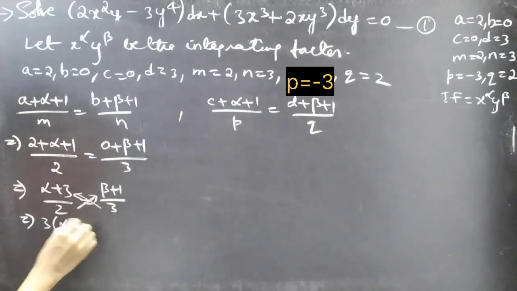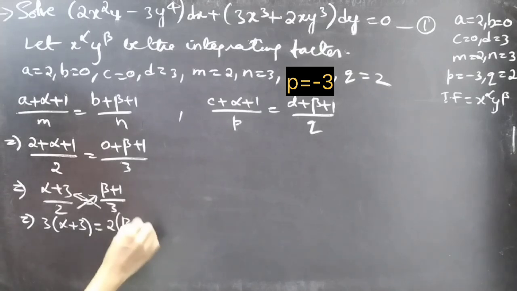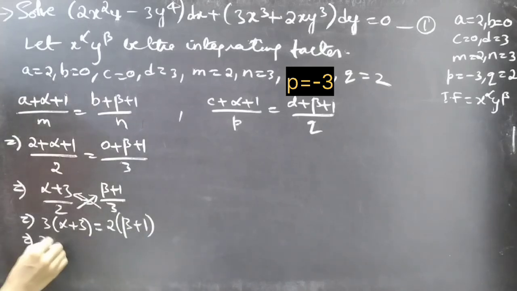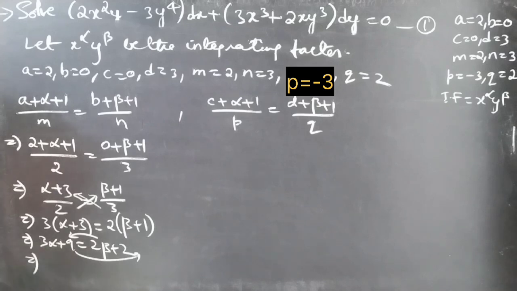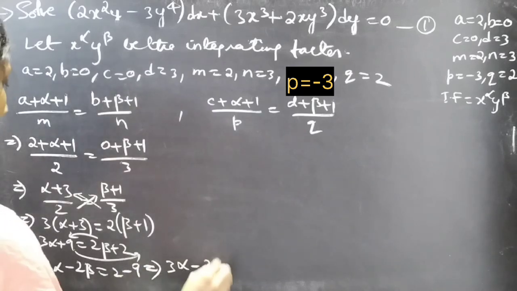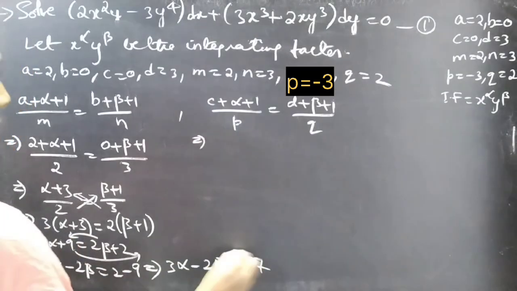We'll get 3 times alpha plus 3 equal to 2 times beta plus 1, which gives us 3 alpha plus 9 equal to 2 beta plus 2. Now bring this 2 beta to LHS, take this 9 to RHS, you will get 3 alpha minus 2 beta equal to 2 minus 9, which gives 3 alpha minus 2 beta equal to minus 7, and consider it as equation A.